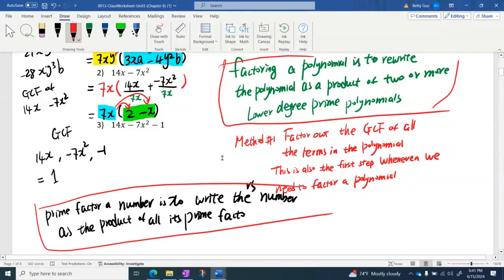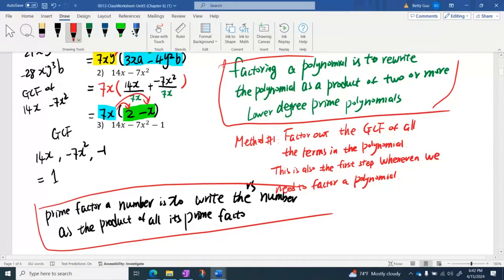They both actually rewrite the given stuff as a multiplication, right? When it comes to factoring a polynomial, it is to rewrite the polynomial as a multiplication of 2 or more lower degree prime polynomials. And very similar with prime factoring a number. Prime factoring a number is to write the number as the product of all its prime factors.